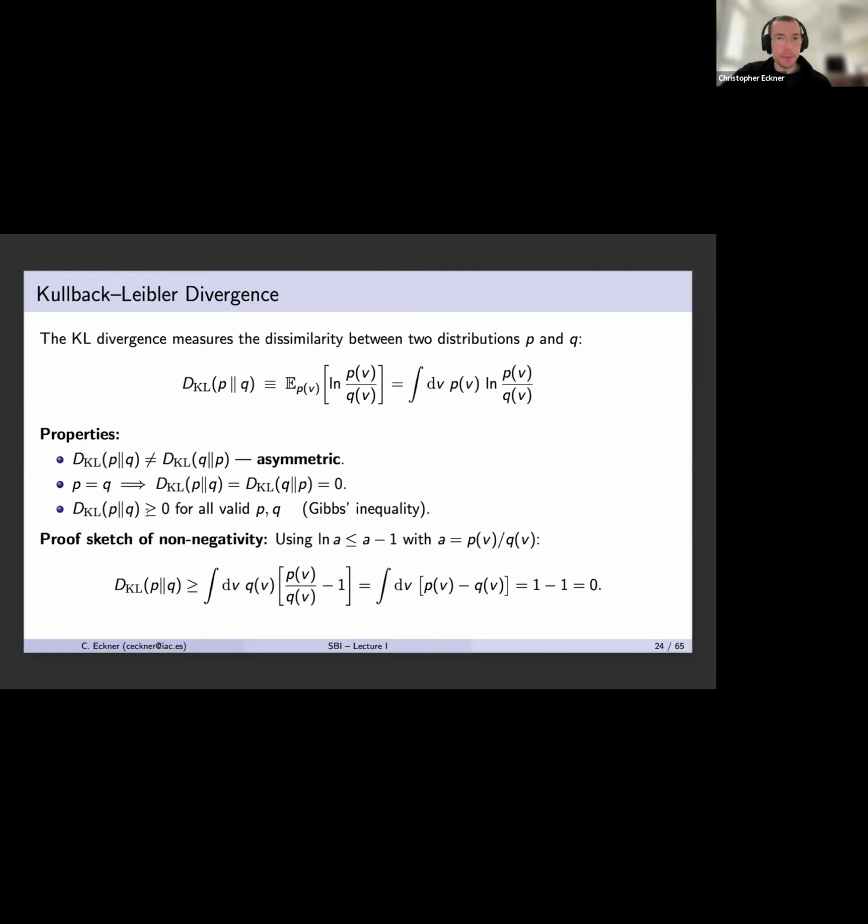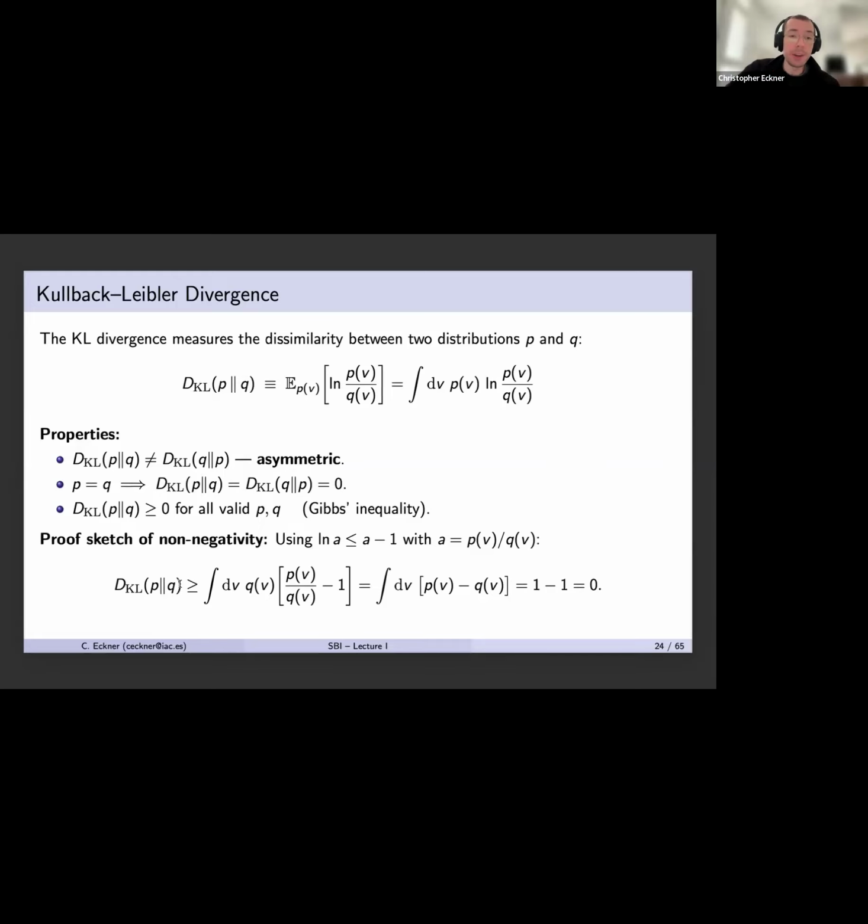This non-negativity of the divergence simply comes from a known feature of the logarithm, namely that log x is always smaller than or equal to x minus 1.